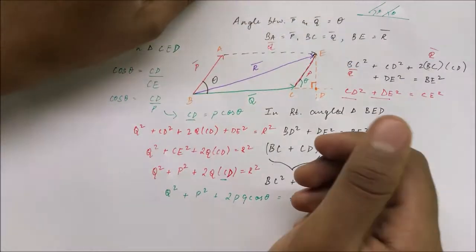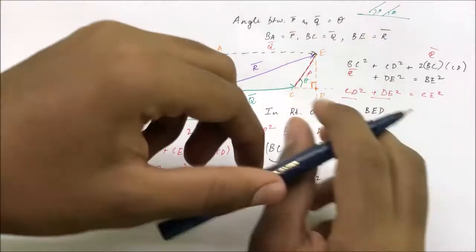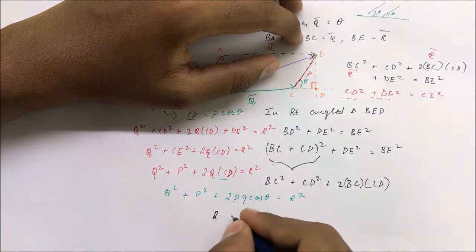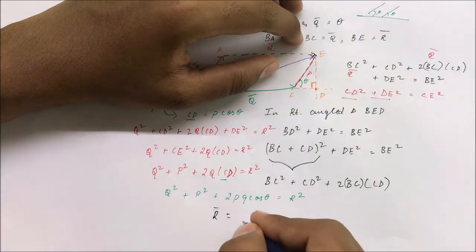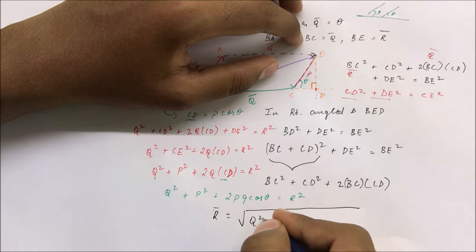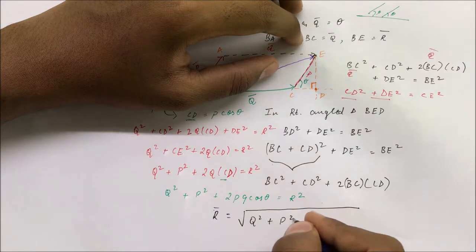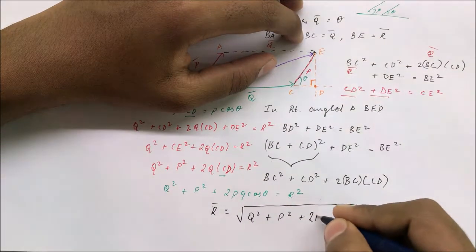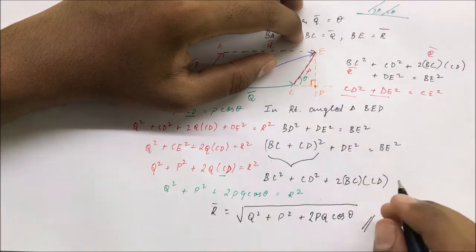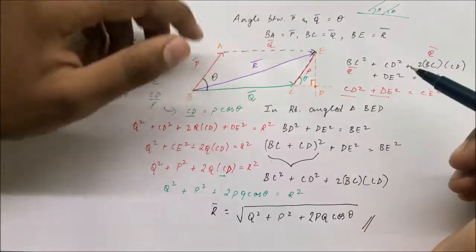So with this we can end the final derivation, saying the resultant vector R bar is equal to under root Q square plus P square plus 2PQ cos theta. So this is the derivation we were trying to get.